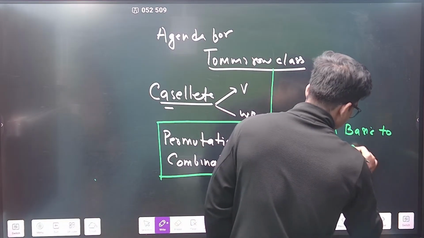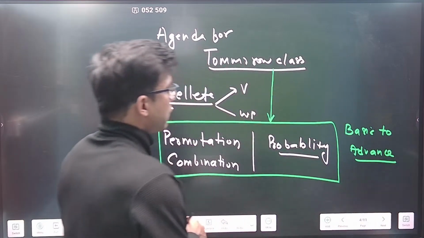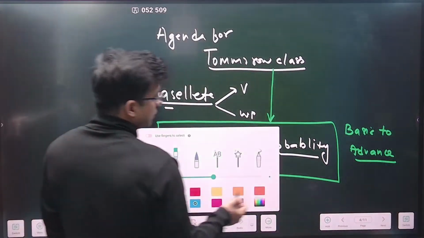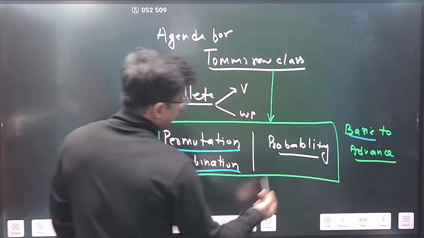Actually, not advanced, because we'll discuss the basic questions here only. So as I said: permutation, combination, and probability.